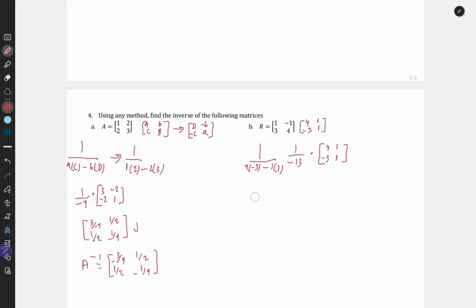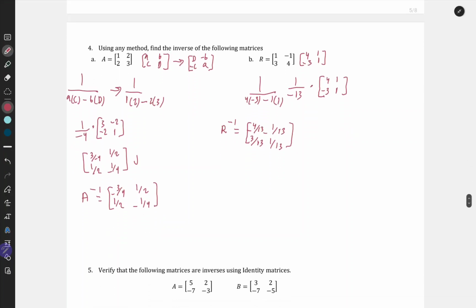You have to write it out. So we have 4 over 13 negative. We have positive 3 over 13. We have 1 over 13 negative. We have 1 over 13 again. That is our inverse.